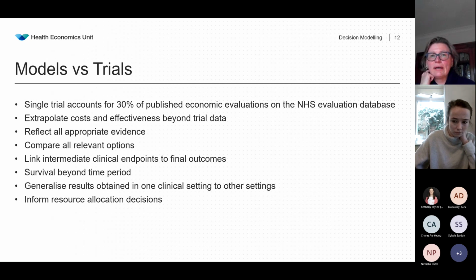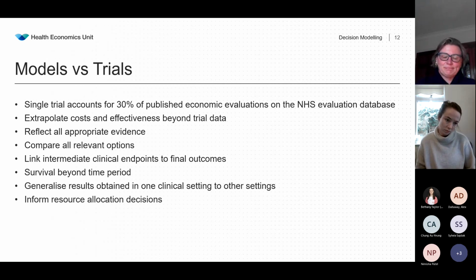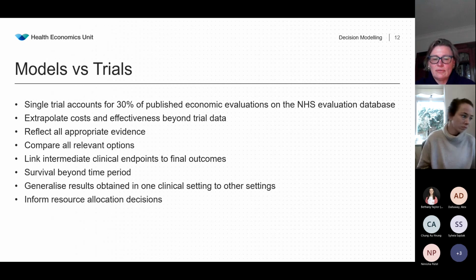Sometimes we use a lifetime horizon of patients for particular models. And we can generalize results to other settings, thus informing how we allocate our healthcare resources most efficiently.